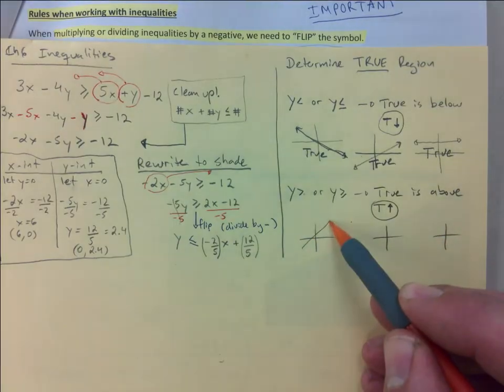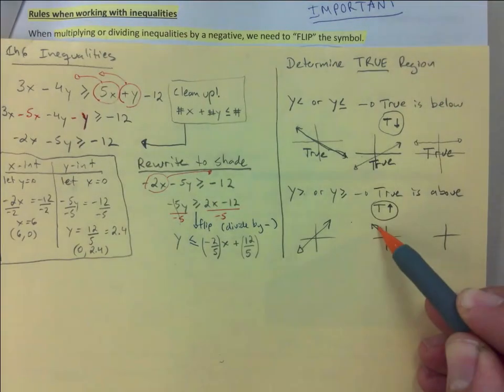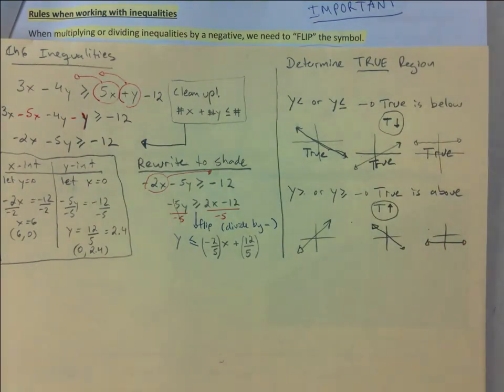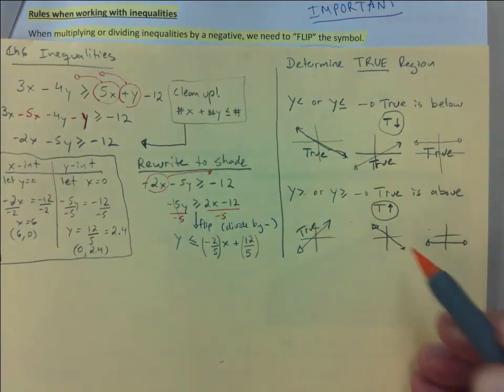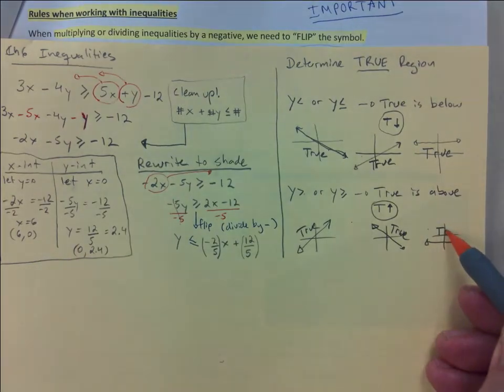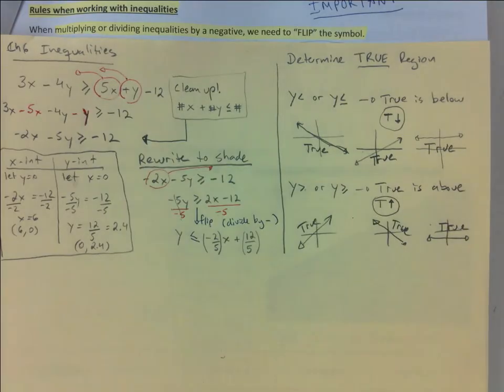You could have a line that goes up, a line that goes down, and a line that's perfectly horizontal. And so true is above. That is non-disputable. The true region is always found the same way.